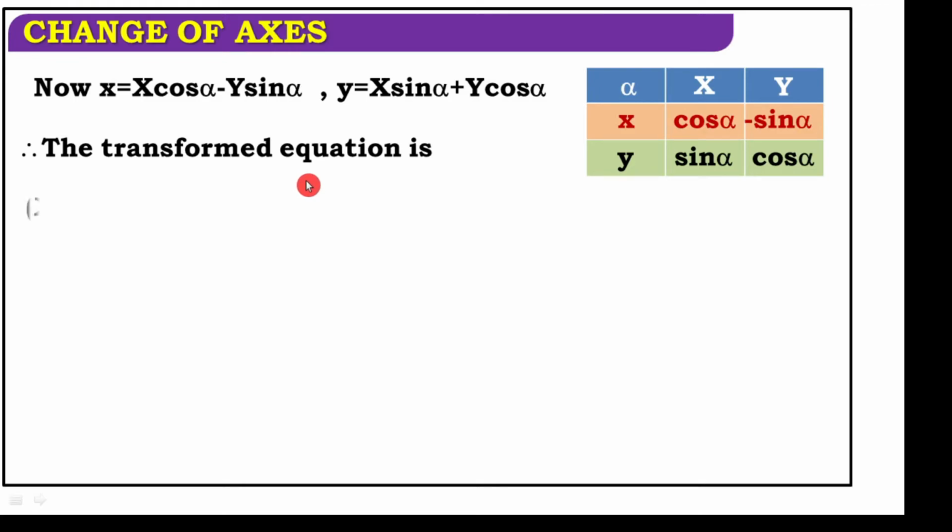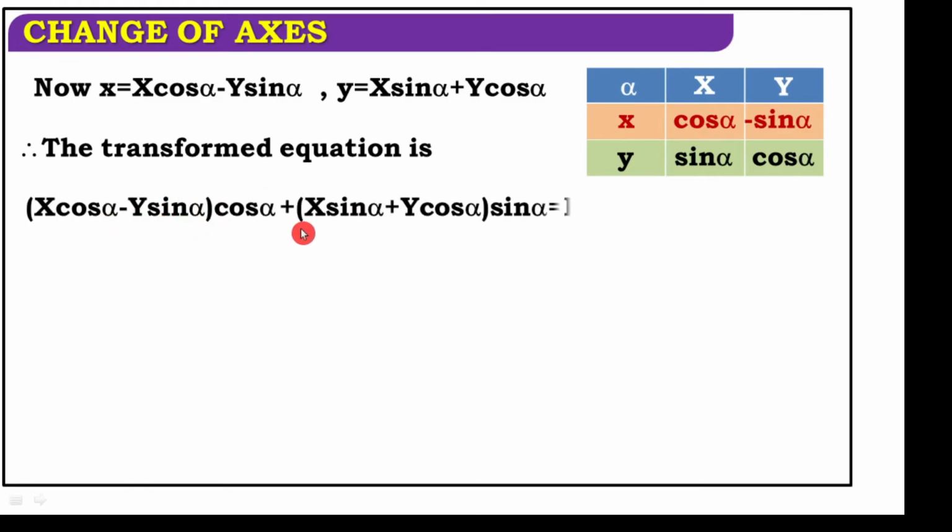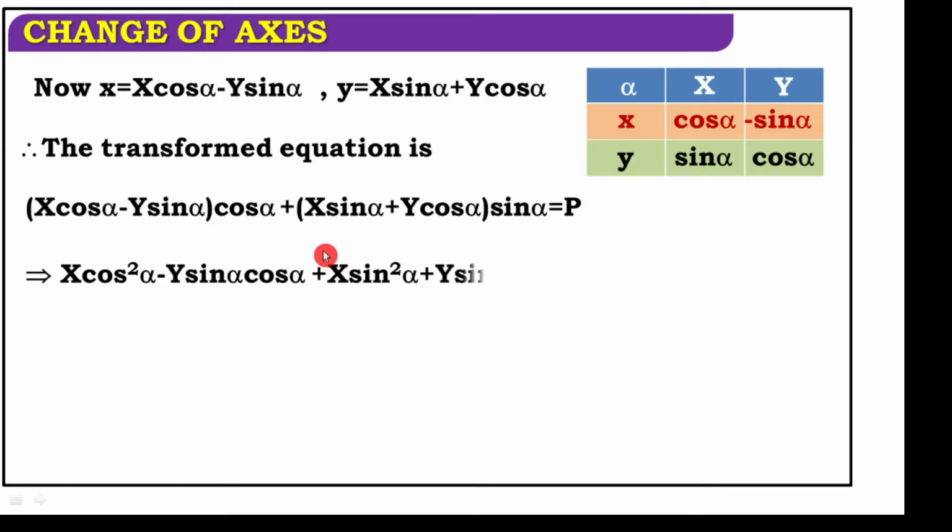The transform equation is (X cos alpha - Y sin alpha) cos alpha + (X sin alpha + Y cos alpha) sin alpha = p. In the given equation we are writing the values of x and y. If you multiply, X cos alpha into cos alpha gives X cos square alpha, minus Y sin alpha cos alpha, and X sin alpha into sin alpha gives X sin square alpha, plus Y sin alpha cos alpha.